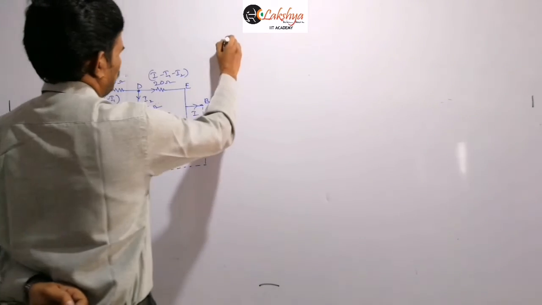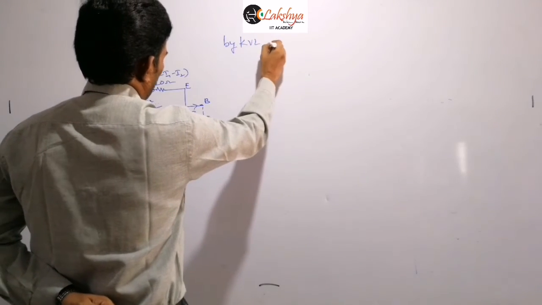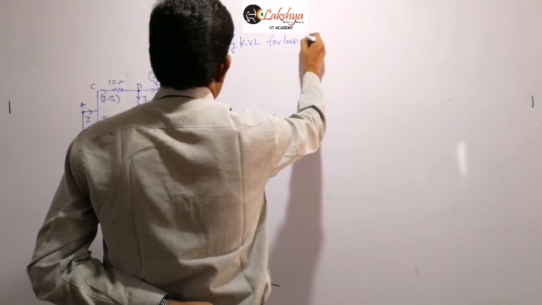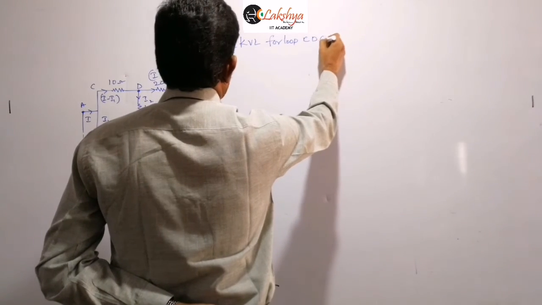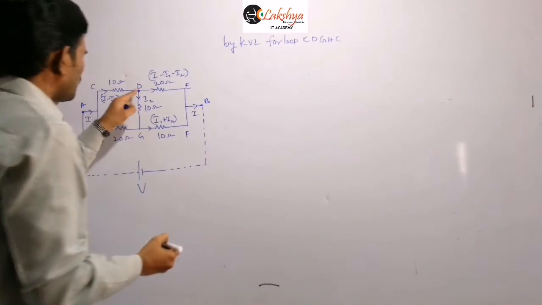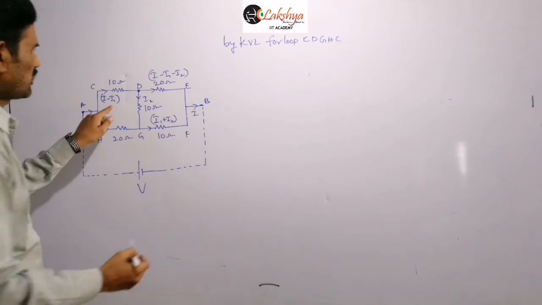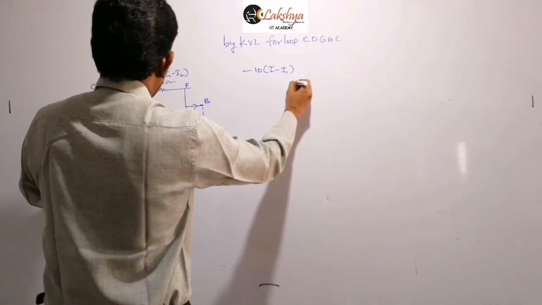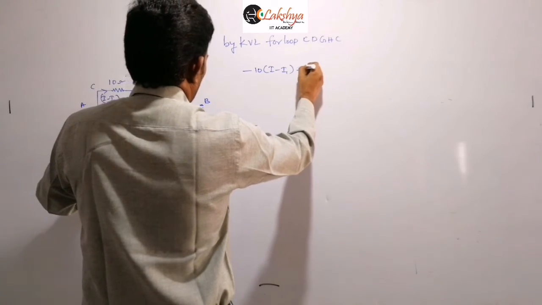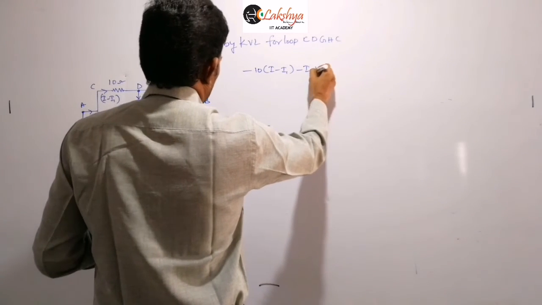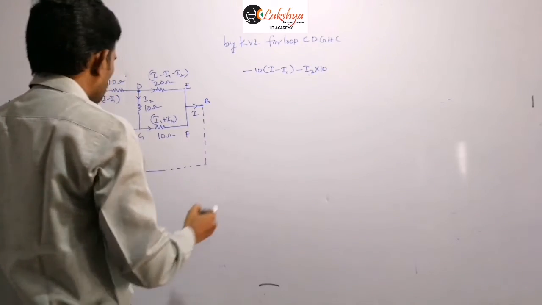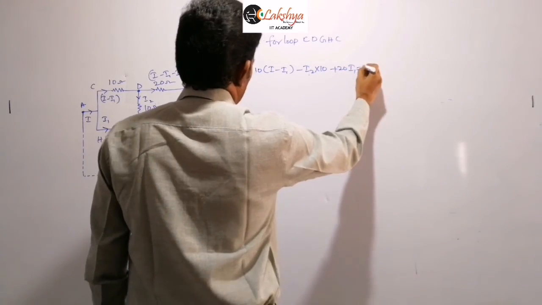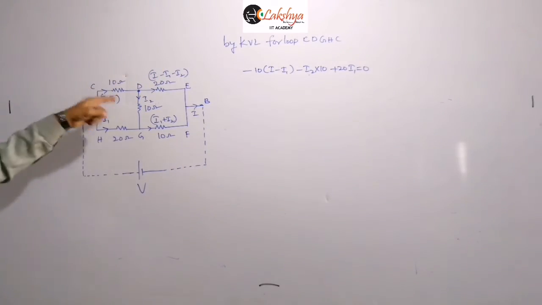So now by KVL for loop CDGHC. That means for this loop I am taking here. For this loop, if I consider, then minus 10 of I minus I1, minus I2 into 10, and also plus 20 into I1, is equal to 0, because there is no EMF in this part.